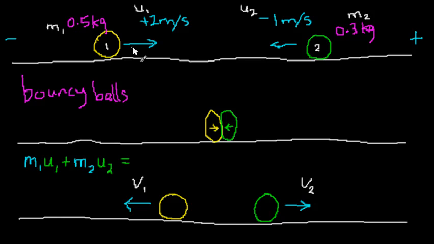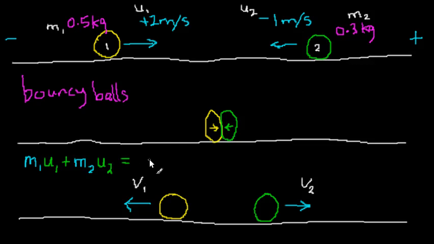m1 u1 was the original momentum of the yellow ball. m2 u2 the original momentum of the green ball before they hit each other. So I just added the initial momentum.